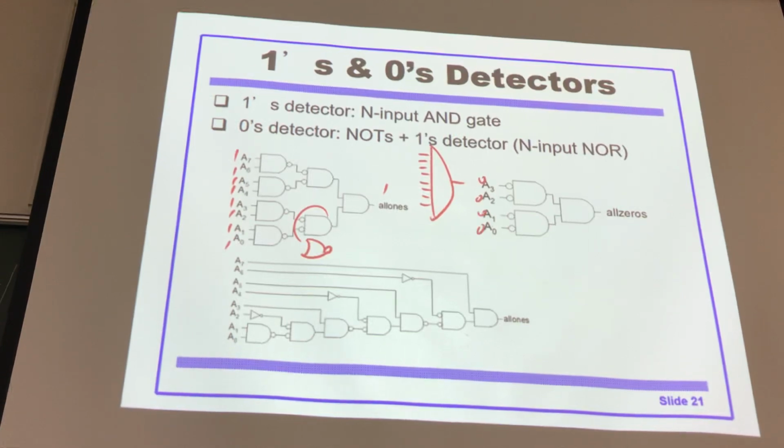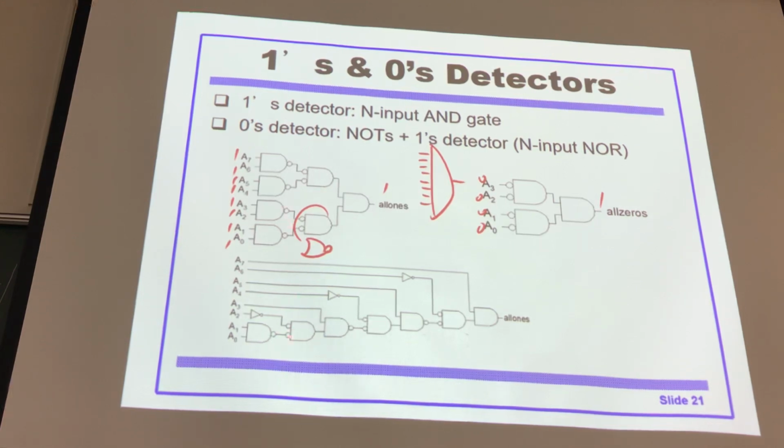And again, it is NOR gate, 2-input NOR gate, and finally AND gate. Another version for one detector is this. Compare these two, which one is faster?